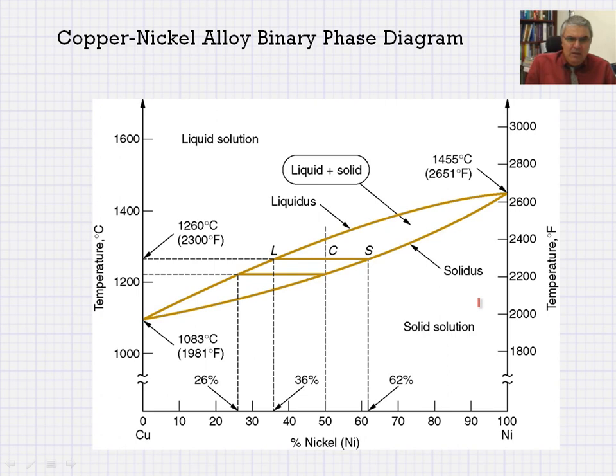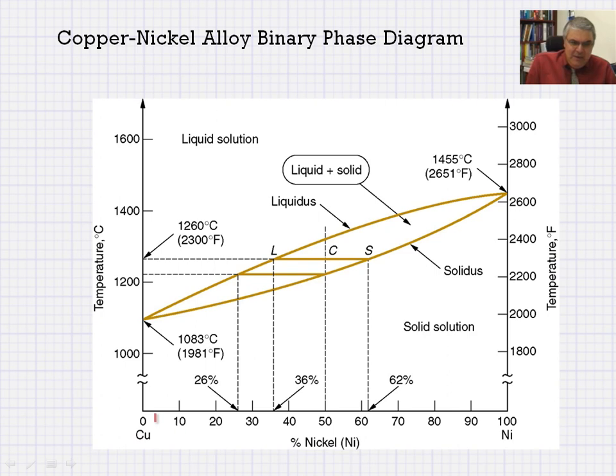This is a copper-nickel alloy binary phase diagram. As I mentioned, the composition is shown on the x-axis and the temperature is shown on the y-axis, in degrees Fahrenheit to the far right and in degrees Celsius to the far left.